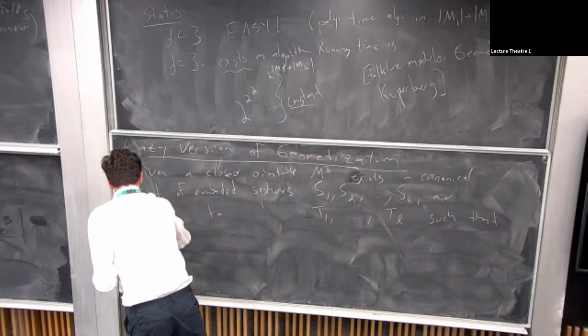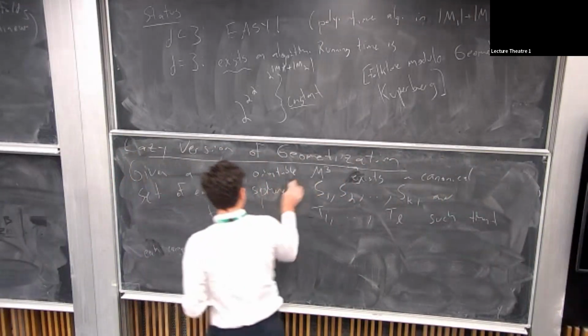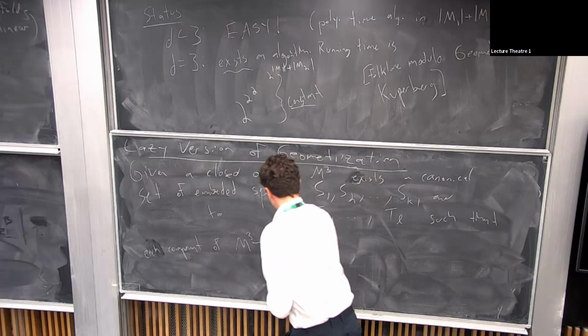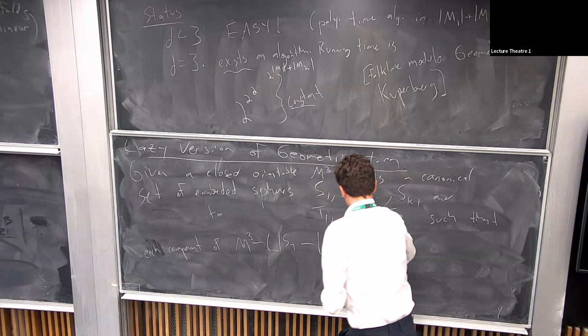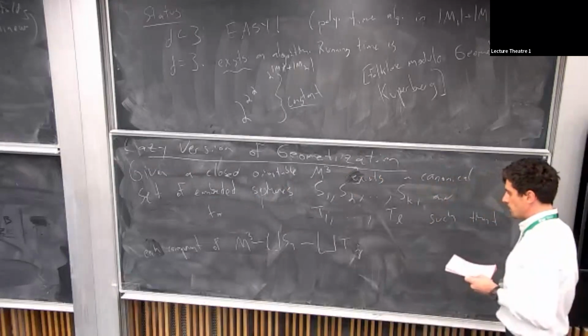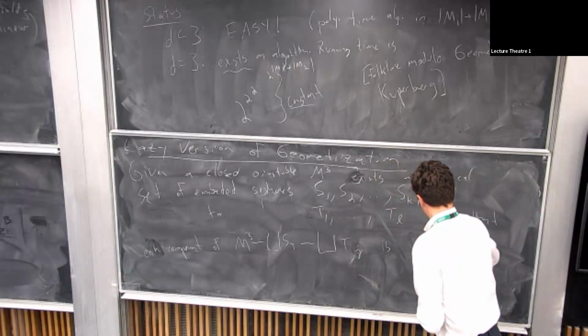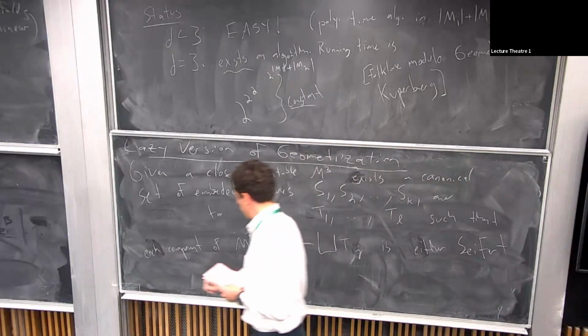Each component of the complement of the union of all these spheres and tori, so I take M and I throw out all these spheres and tori, each component is either Seifert fibered or hyperbolic.